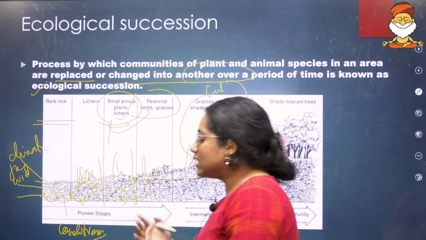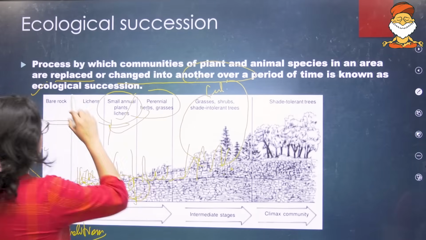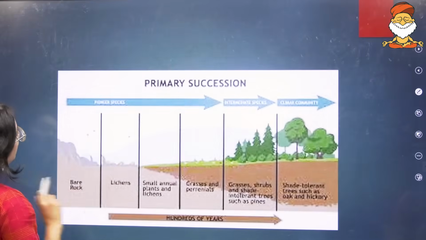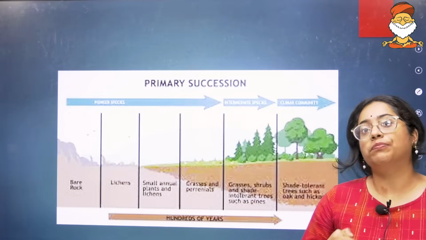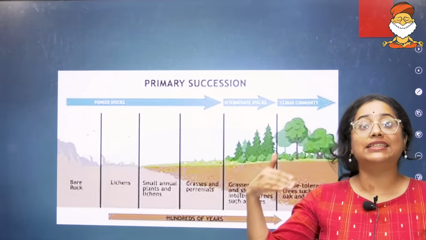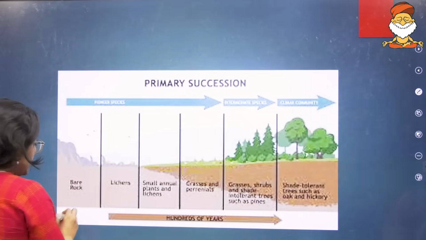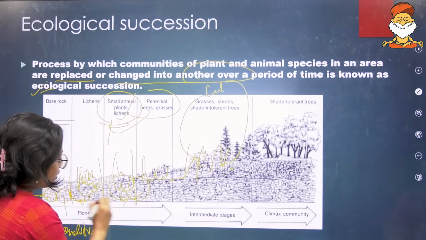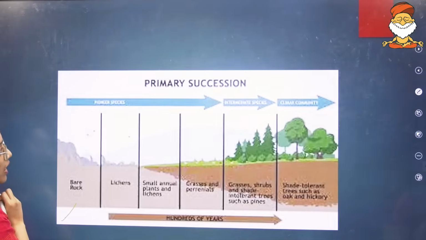So ecological succession is the process by which communities get replaced or changed into one another over a period of time. And you can have two kinds of succession: primary succession and secondary succession. In primary succession, the first stages of any succession are called pioneer stages.